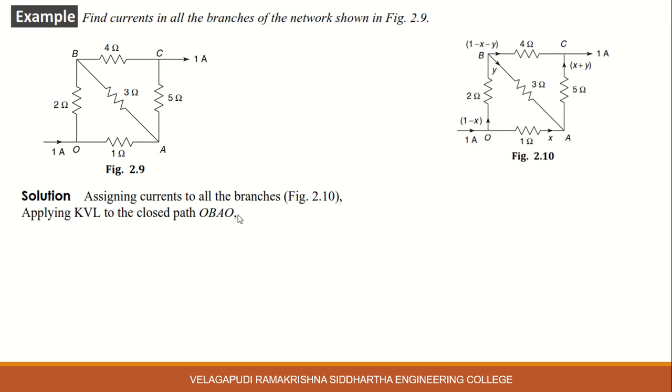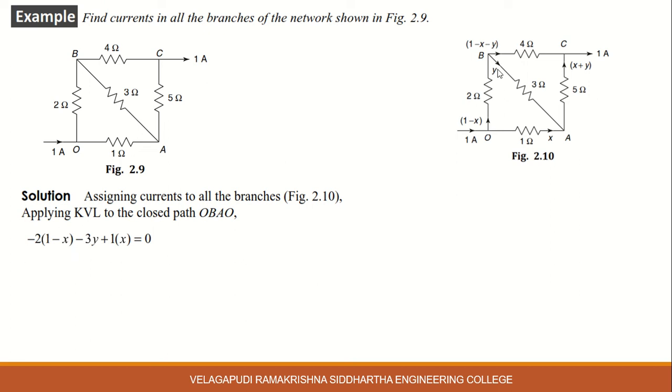Apply KVL to the closed path O, B, A, O. Here 1 minus X current is flowing through this 2 ohm resistor. Current always flows from higher potential to lower potential, so here positive to negative. That means the voltage drop is falling potential, so negative sign: minus 2 into (1 minus X).